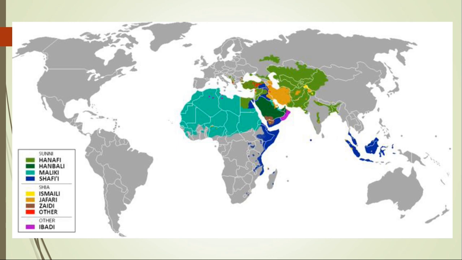The Sahaba, and Shia is concentrating on the descendants of Rasulullah. So if you look at Ismaili, he is actually the great grandson of Rasulullah, Jafari, Zaidi. These names are all the bloodline of Rasulullah.